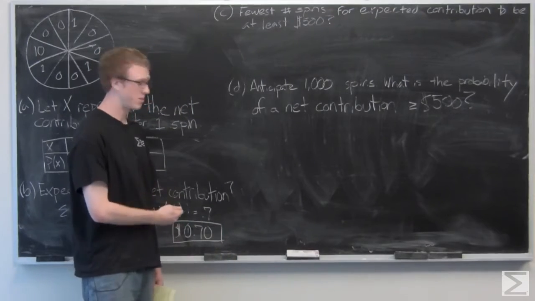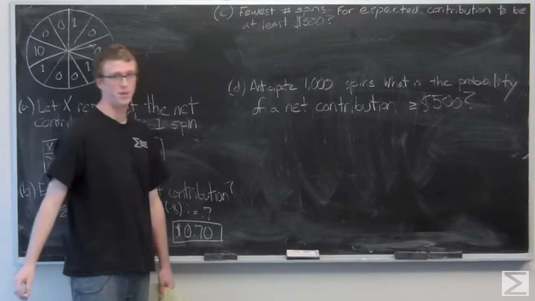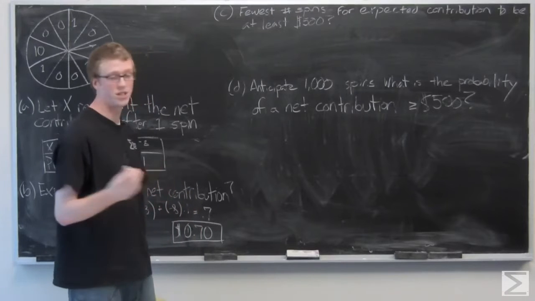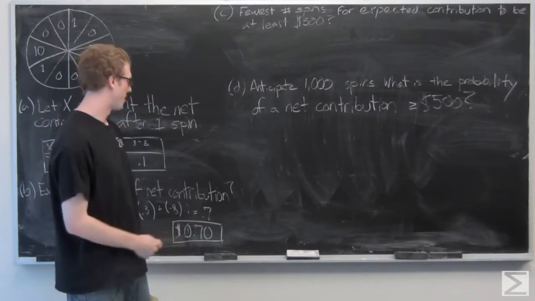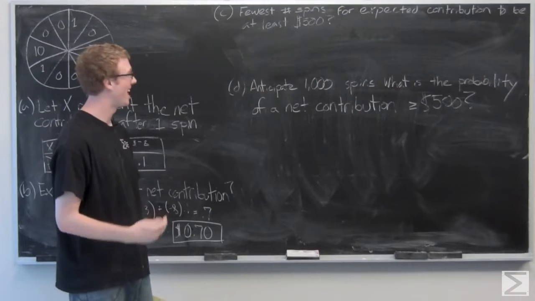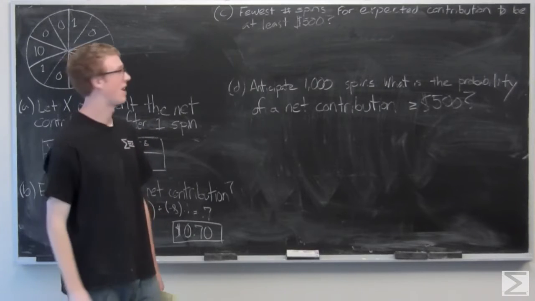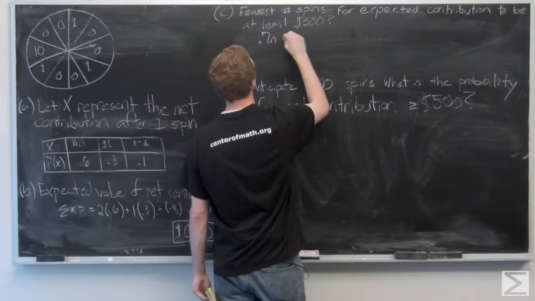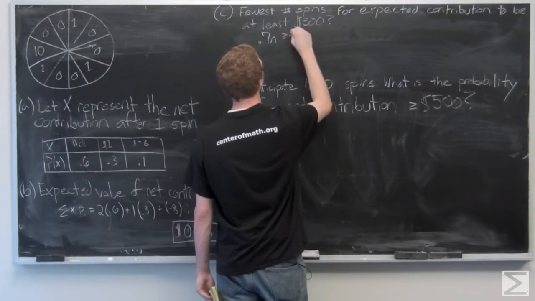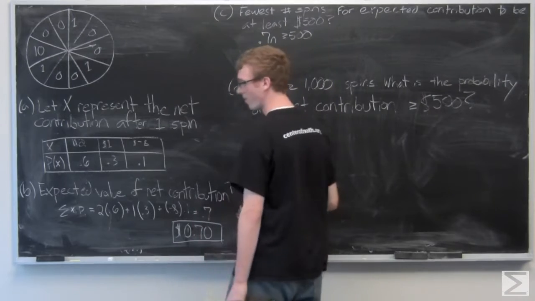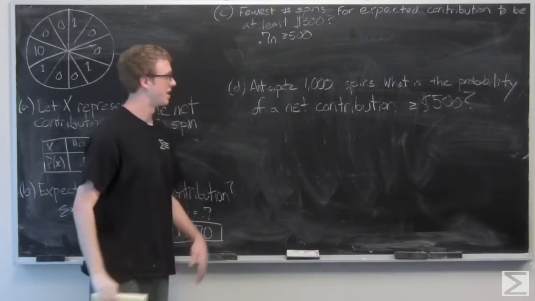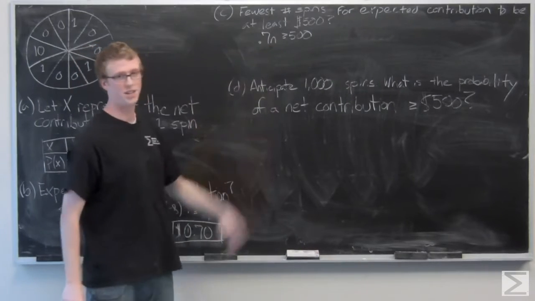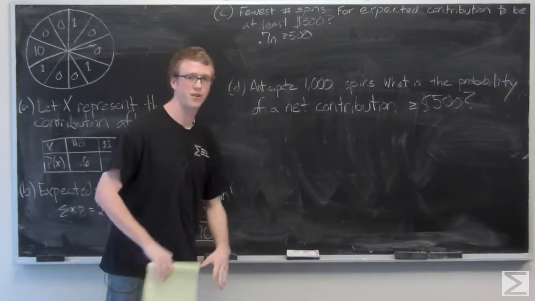We know that each spin is going to be expected to generate $0.7 or 70 cents. So we can set 0.7n greater than or equal to 500. Again, this is because the expected value of one spin is 0.7. We need n spins to get to greater than or equal to 500.